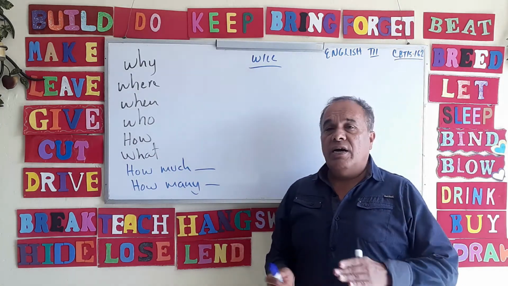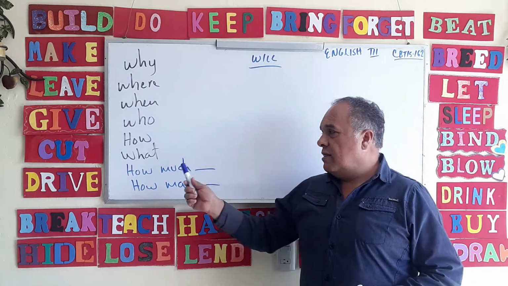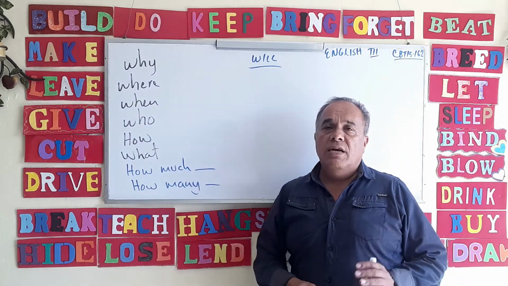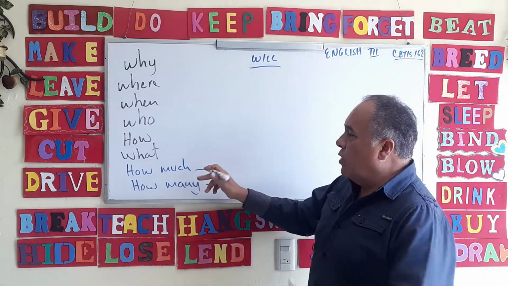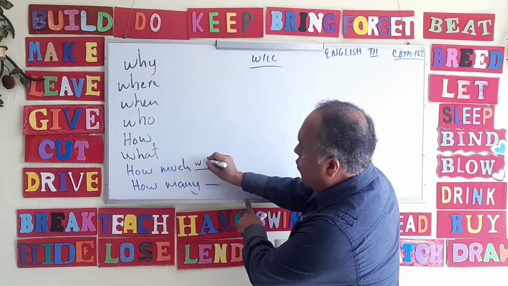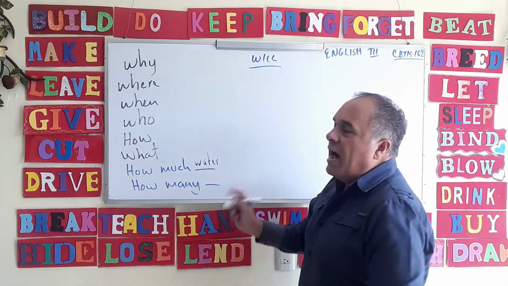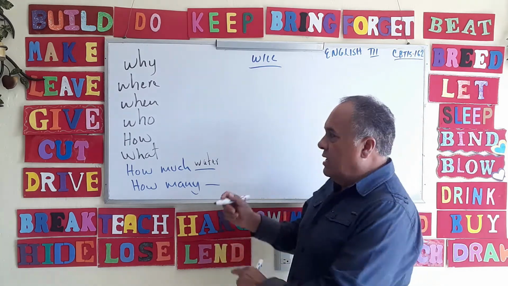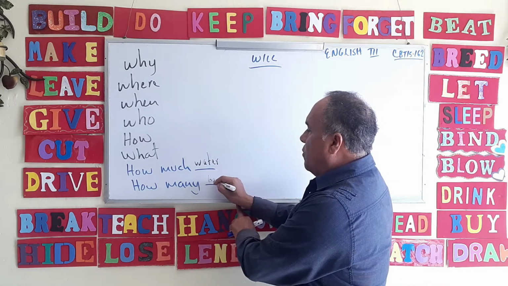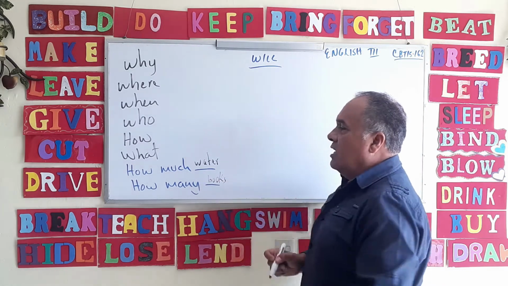Remember how much and how many? I always said these two questions are different. You know why? Because we use how much with uncountable things, meanwhile how many with countable things in plural.